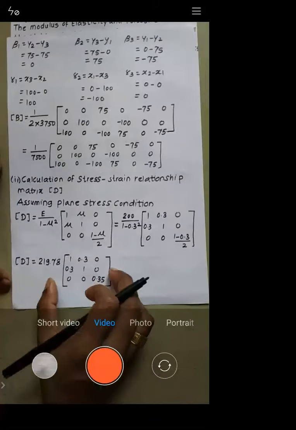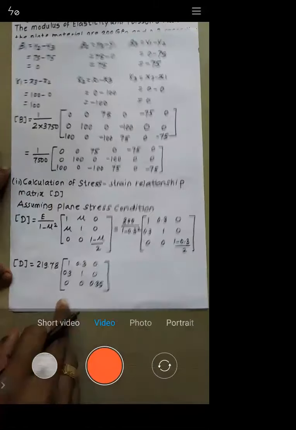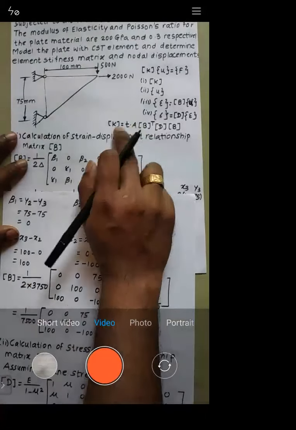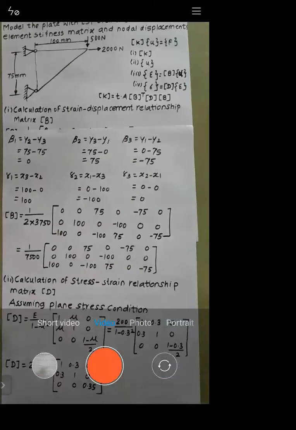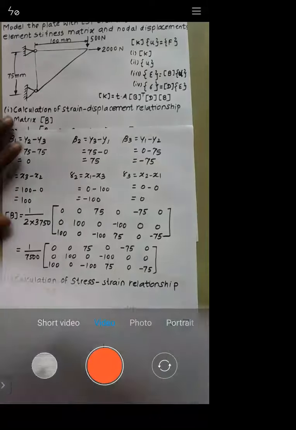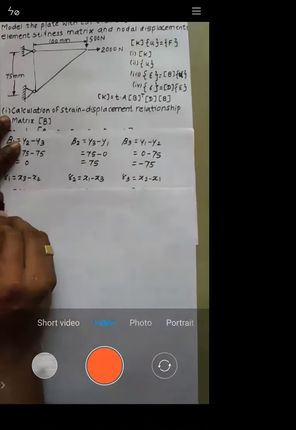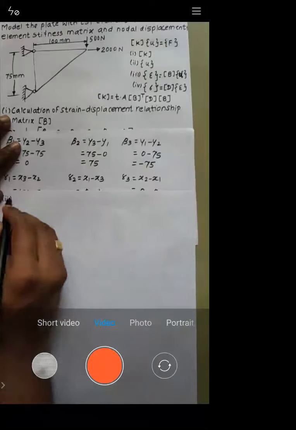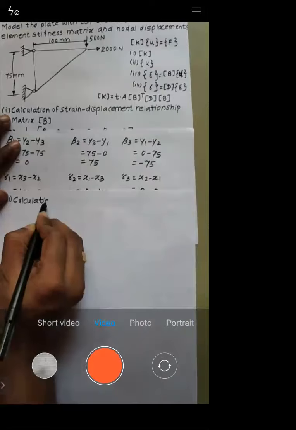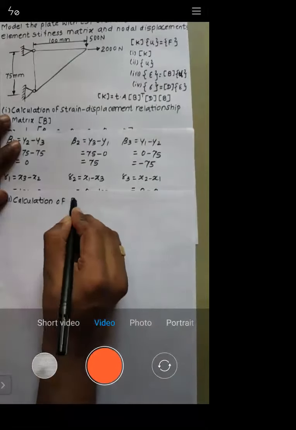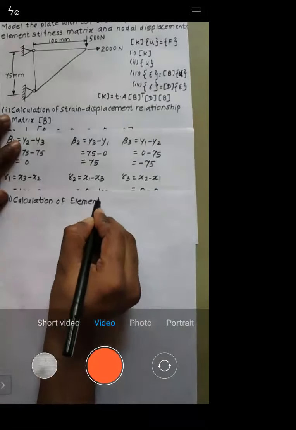Now we got this matrix D. Now we can put this in K. So now I will go to the third step, which is the calculation of the element stiffness matrix.